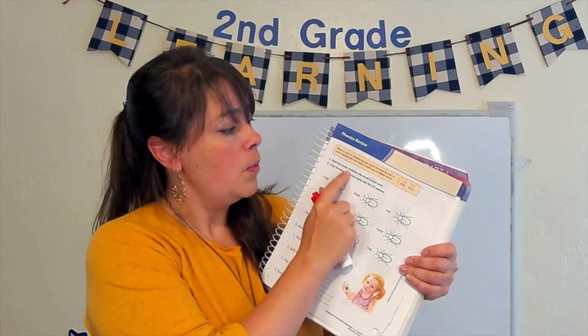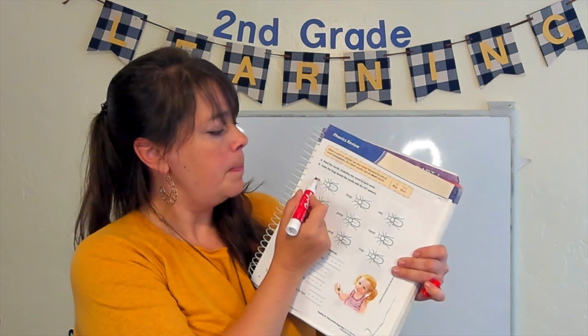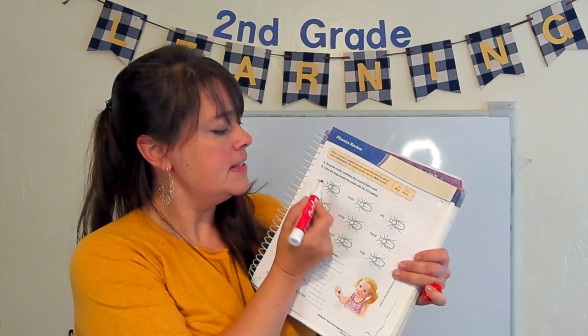Now, these instructions are important. Read the words, underline the vowel in each word. So you start with that first. This word says help. The vowel in help is E. So I'm going to start with finding that vowel first. Okay? And then it tells you to color the bugs that are beside the words with the VCC pattern.